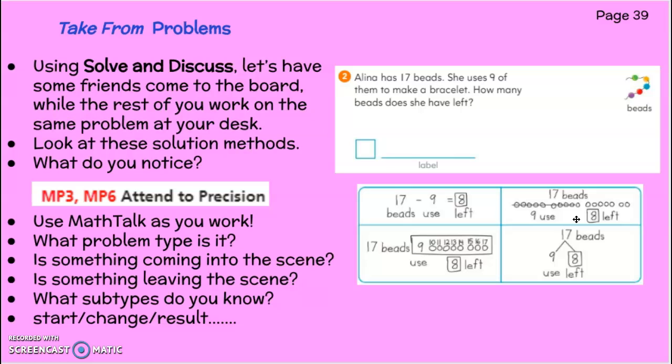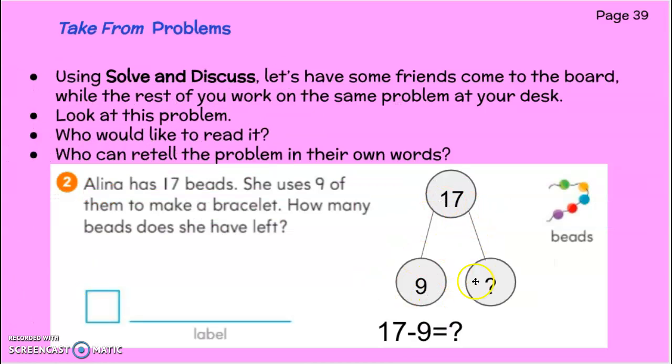I should have 1 left from that 10, that 5 and 5, right? And then I can see 5, 6, 7, 8. 8 left, okay? And then this person counted on. They have 9 beads, and then they did 10, 11, 12, 13, 14, 15, 16, 17. So they counted until they got to 17 and then added them together. We can see this group of 5 and 3 more. 8 beads are left.